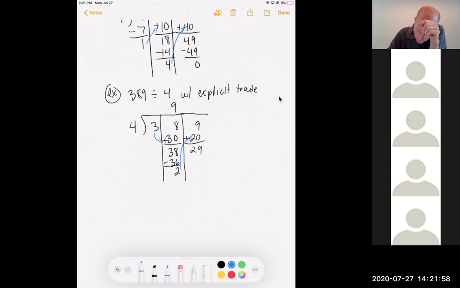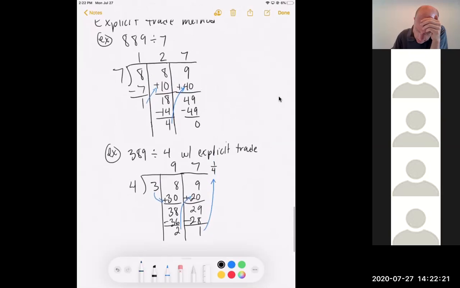7. Right. 4 times 7 is 28. So I have a remainder of 1. And you just put that with the 1/4 here. Okay.